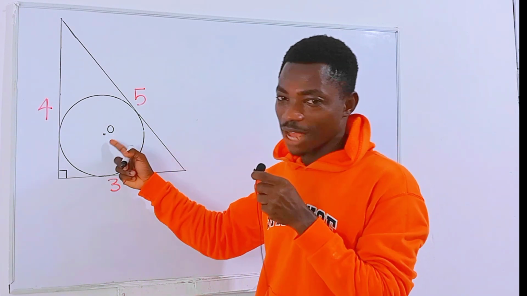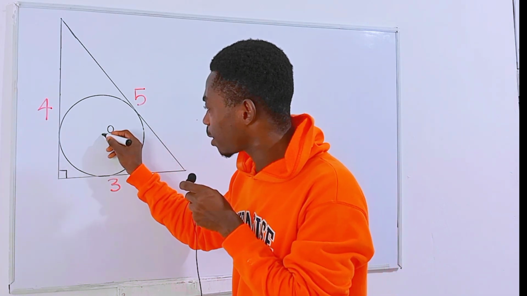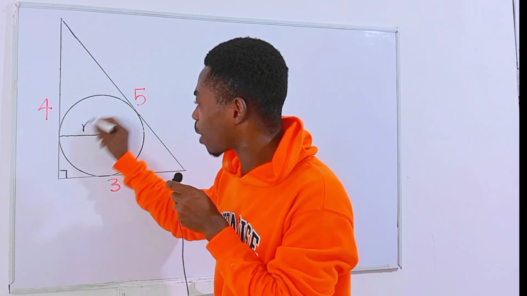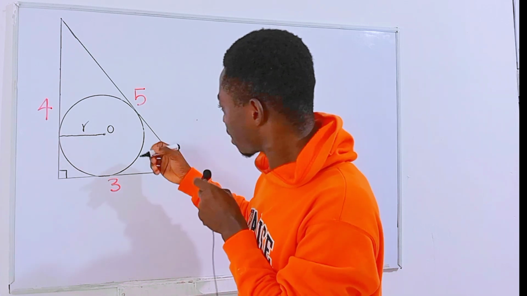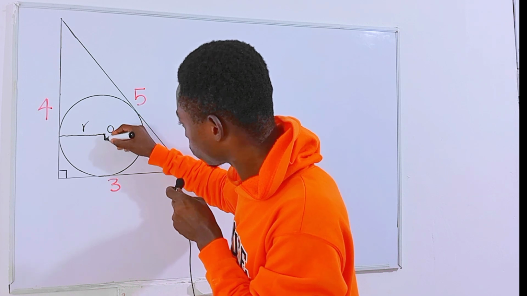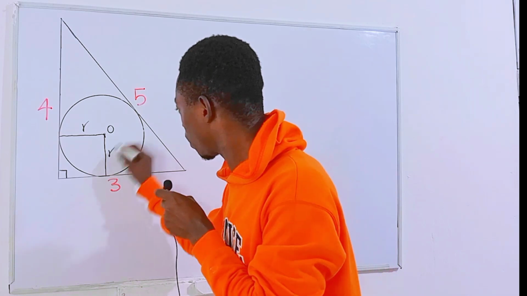Because point O is actually the center of the circle, in fact, if we draw a straight line all the way from the center to this point right here, that is actually the radius of the circle, right? Cool. Then in the same way, we can draw a straight line all the way from the center to this point right here. And this is also the radius.